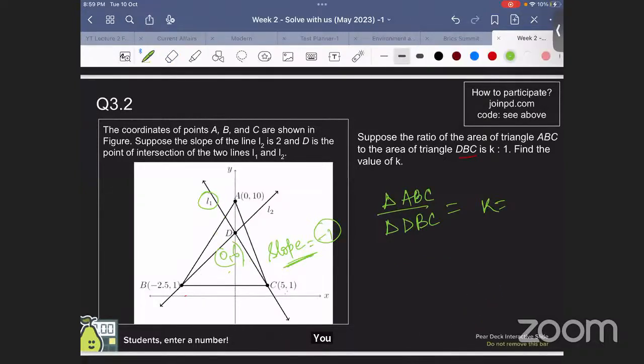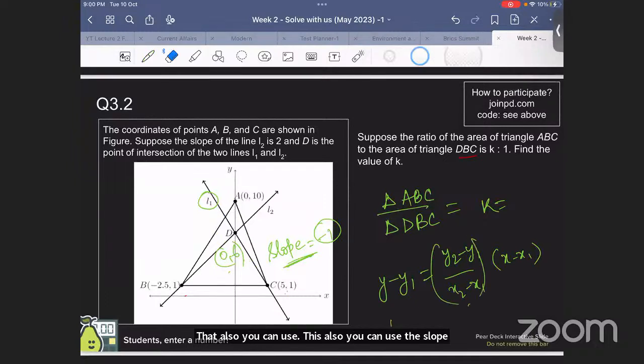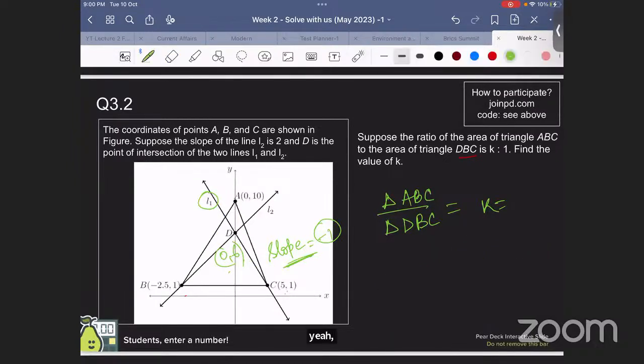Yes, that also you can use; anything you can use. The slope you already have, and then put in the value of y1. Any equation you take, you'll get the same value. Is it fine now? Yes, sir.